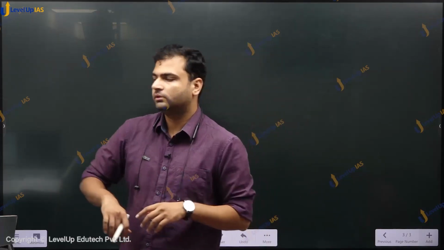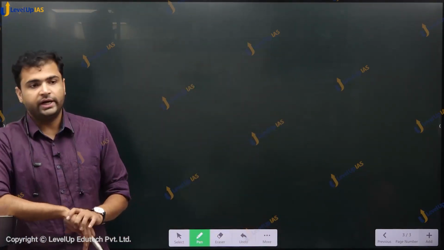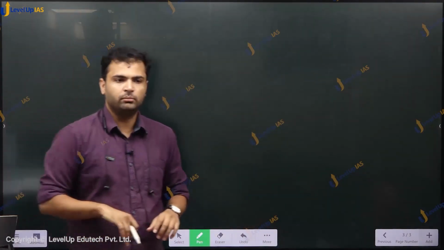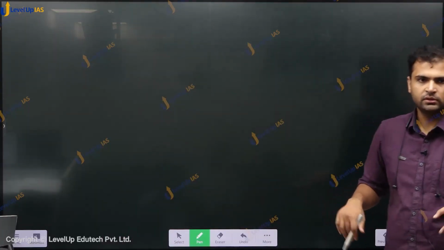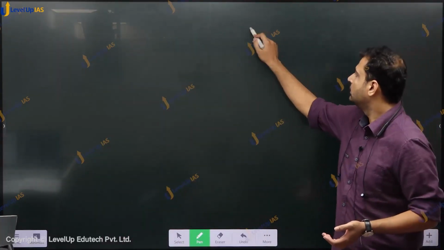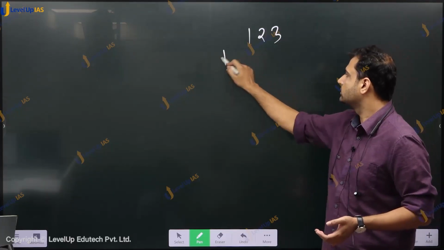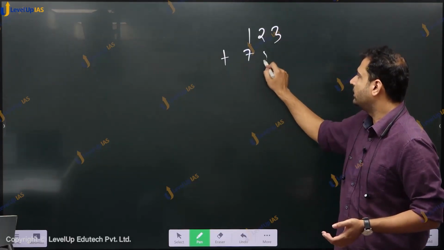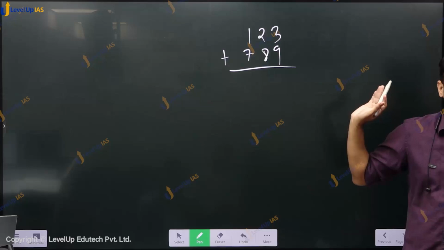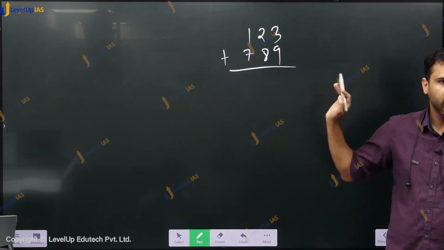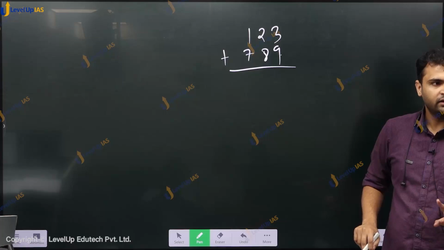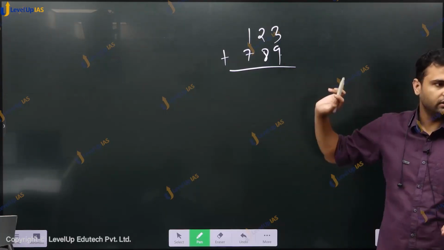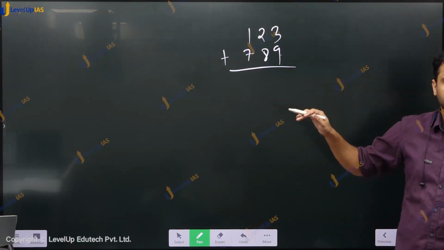Now, addition of decimal numbers. Do we know how to add two decimal numbers? For example, if I say 123 plus 789. How do we add two numbers? Everybody is familiar with this process. Firstly, we add the units place. 9 plus 3 is 12.